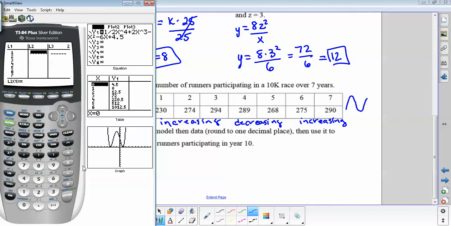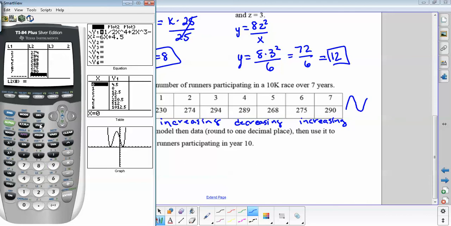And then the outputs in list 2, 230, 274, 294, 289, 268, 275, and 290.